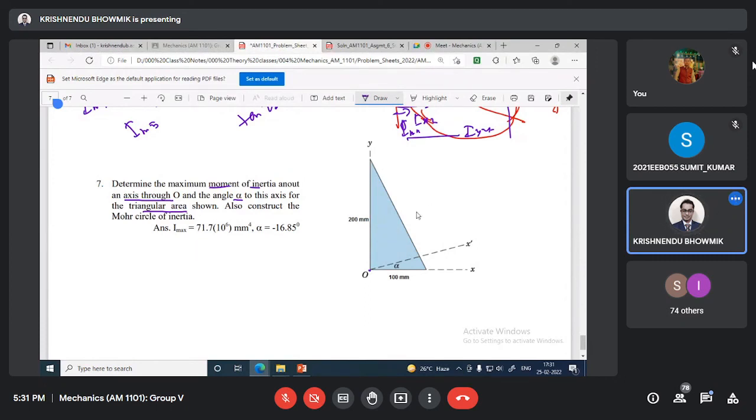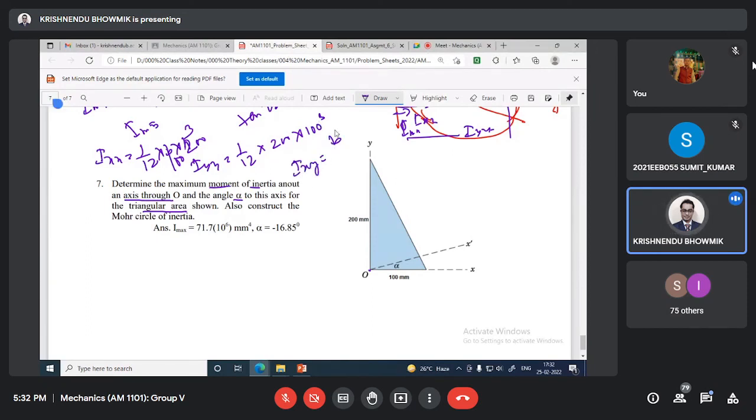To start with, you know IXX equal to 1 by 12 base height cube. IYY equal to 1 by 12, sorry, base is given here. Base is 100, height is 200. 1 by 12 base is 200, then 100 cube. That we know. But what about IXY?